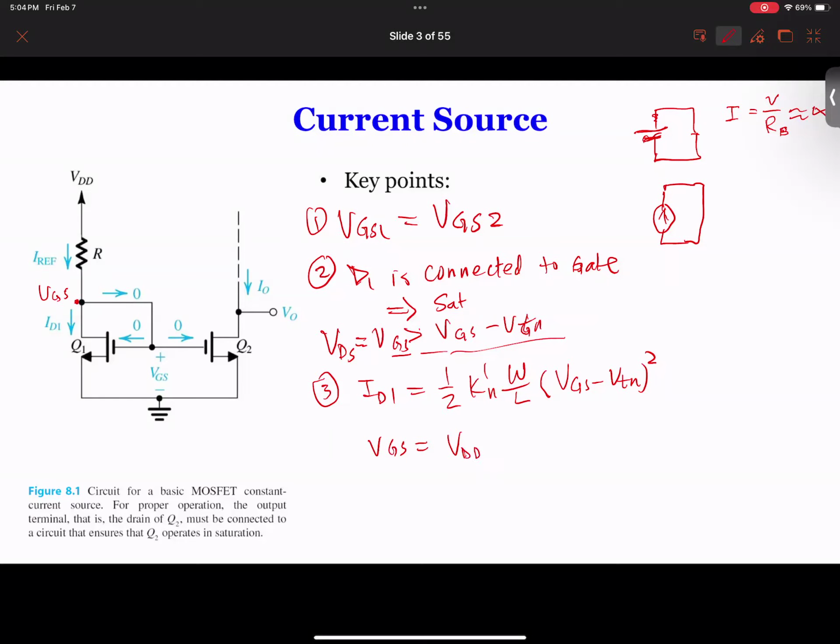It's VDD minus ID1 times R. So we get VGS. Of course we have not calculated it yet, but we need to plug VGS in here to get ID1 on this side, ID1 on this side. So now we can actually find what ID1 is eventually.